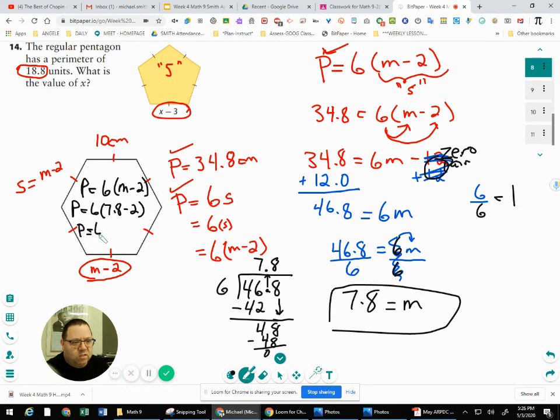So 6 times, what is 7.8 minus 2? That would be 5.8. Sorry, let me back that up because I forgot to rewrite my 6. Okay, equals 6 times 5.8.